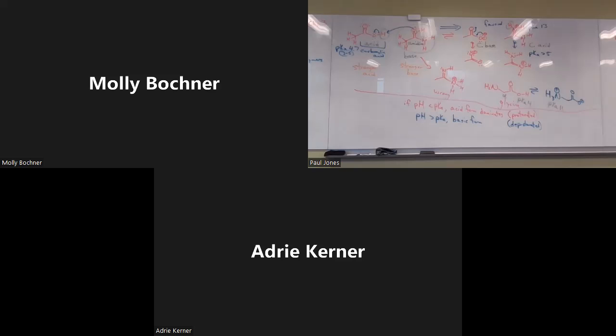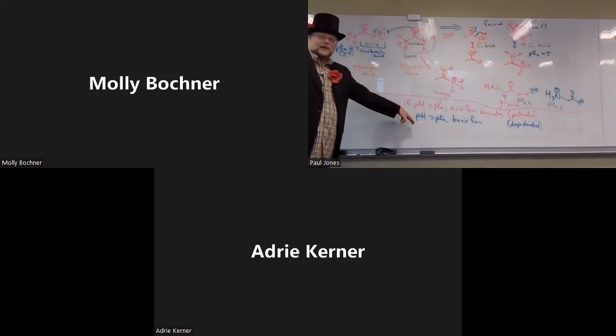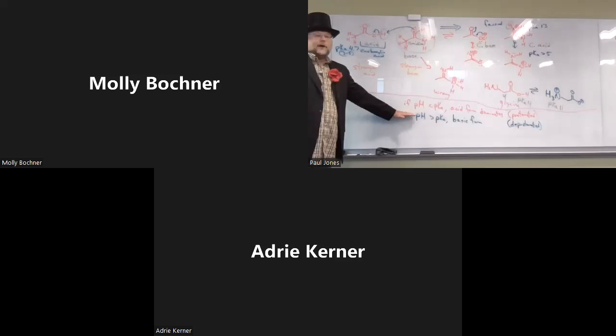At pH 9, you have 1 deprotonated amine for every 99 protonated amines. pH is logarithmic, so it's orders of magnitude. At pH 10, 10% of those amine groups would be deprotonated. Make sense?